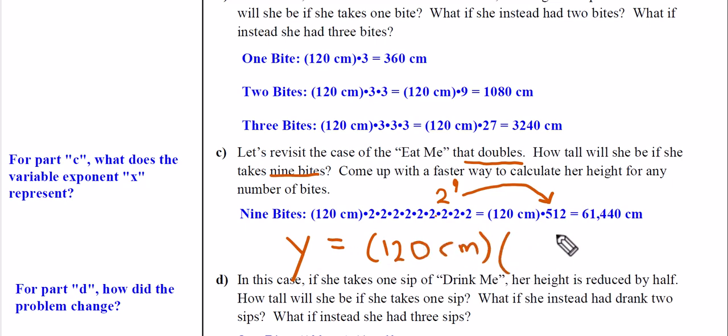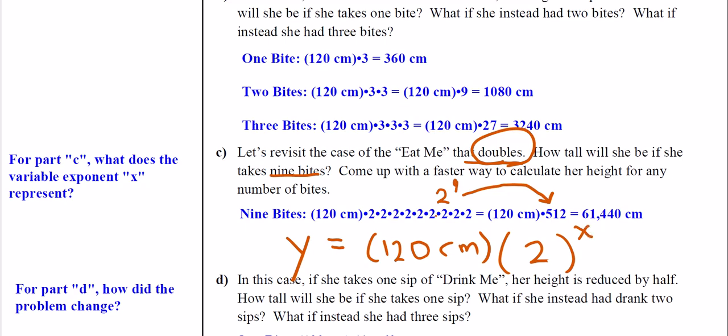The birth rate or the growth rate is going to be whatever the eat me cookie is, right? Is it a double? Is it a triple? Is it a quadruple? Is it a 2/3? Okay, so it's a double, in this case a growth. So I'll put a 2 in here, and then x is going to be the exponent.